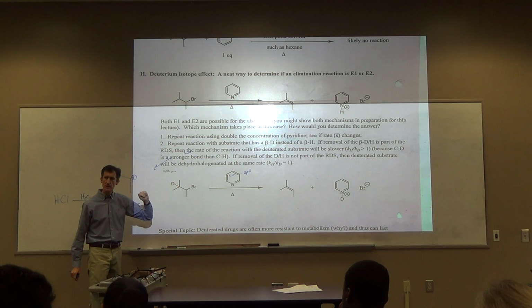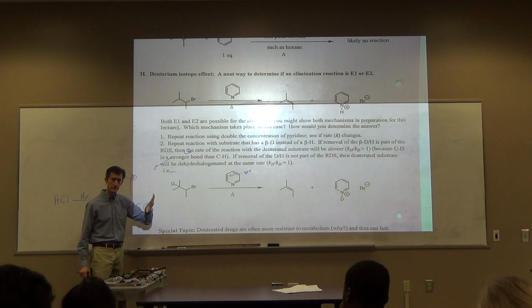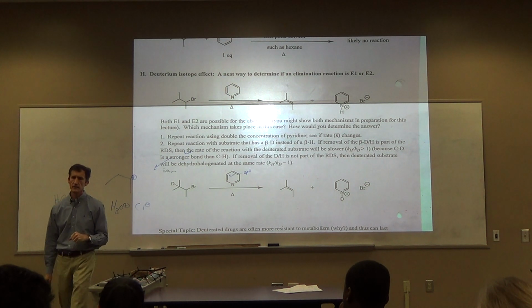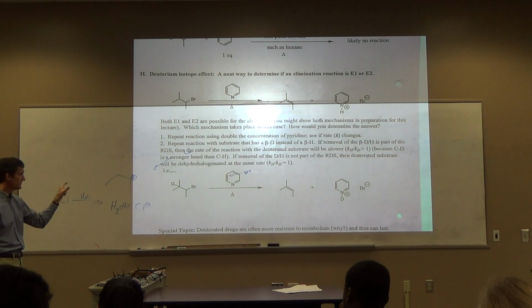A stronger bond is going to be harder to break in that rate determining step. But that's only going to affect it if the mechanism is what? In which mechanism is the CH or the CD bond broken in the rate determining step? E2. So it would only matter for E2.